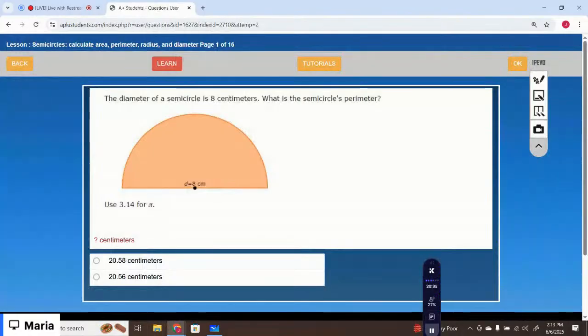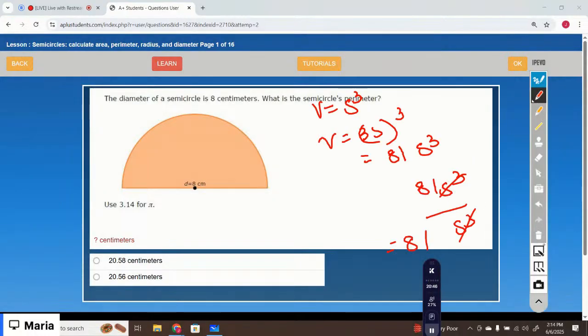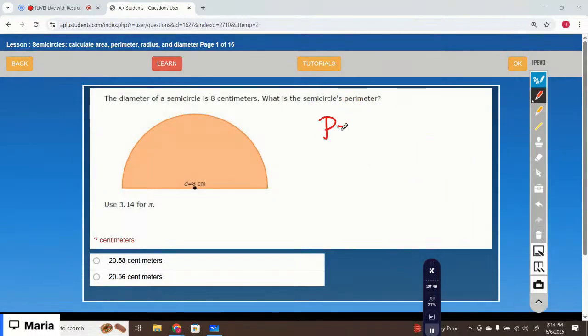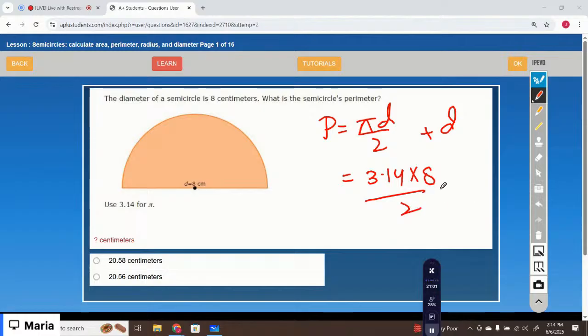So the perimeter of the semicircle, that is P equals half of the circumference plus the diameter. So the diameter equals 8 centimeters. So that is 3.14 times 8 over 2 plus 8.